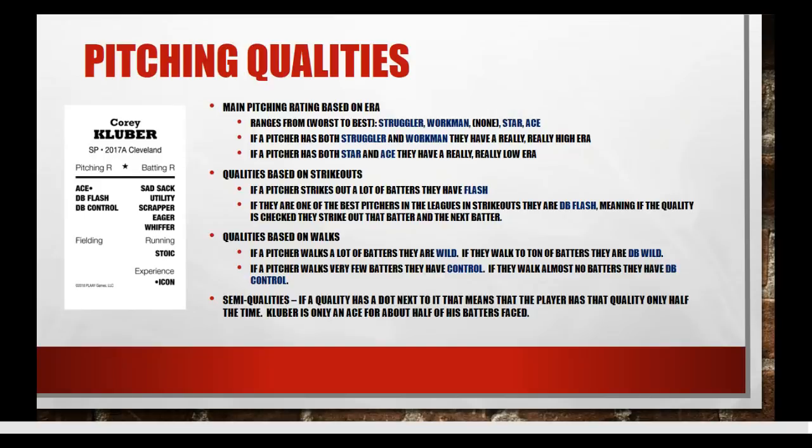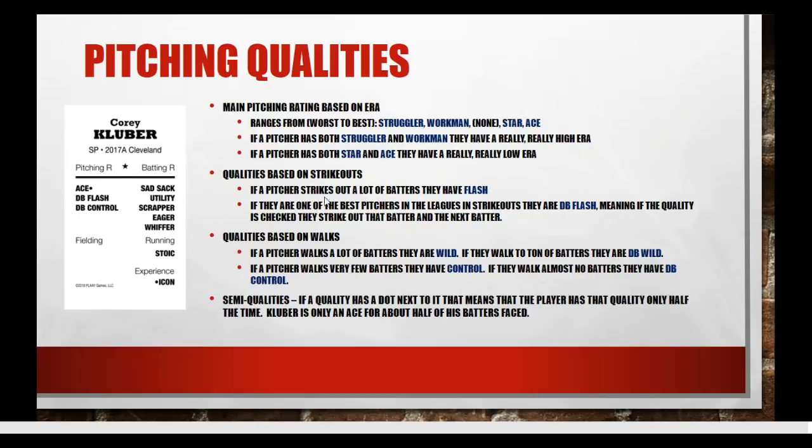If you look at a reading guide for this game, you can see how all of those break down ERA-wise, but suffice it to say that having both is really good. It should also be noted that a semi-ace is going to be better than a full star, so that kind of gives you an idea where those go.